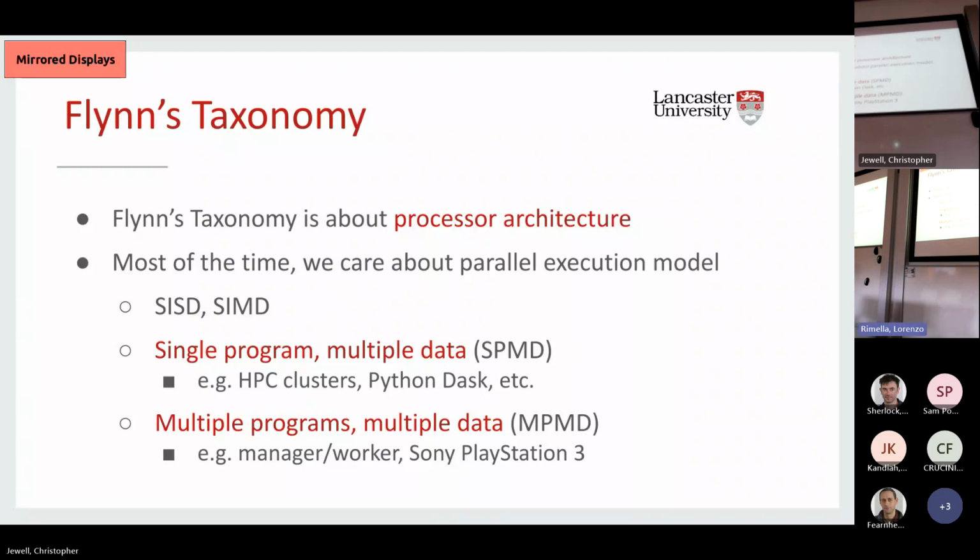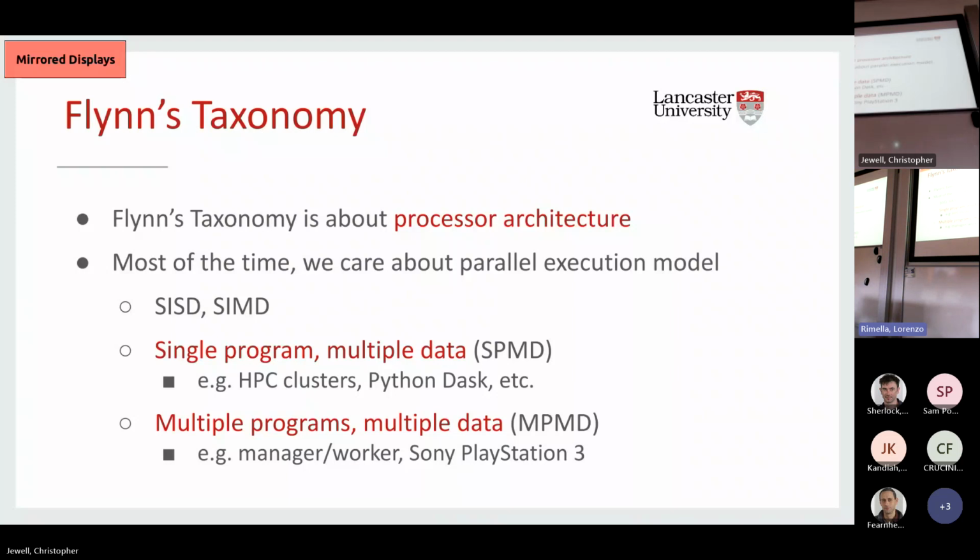Then somehow I'm going to give that program an ID that belongs to the processor, and I can use that ID to select out a bit of data that I then want to run through the program. That bit of data could be the ID itself. It could be a group of random seeds.